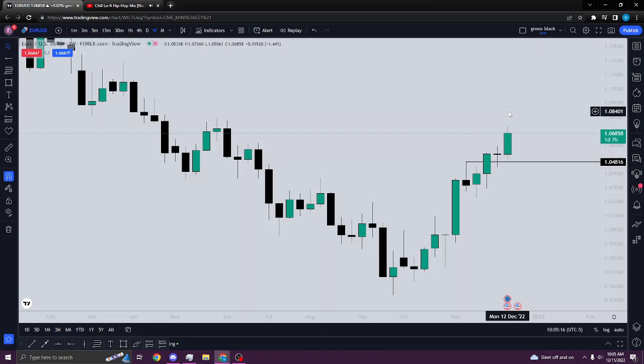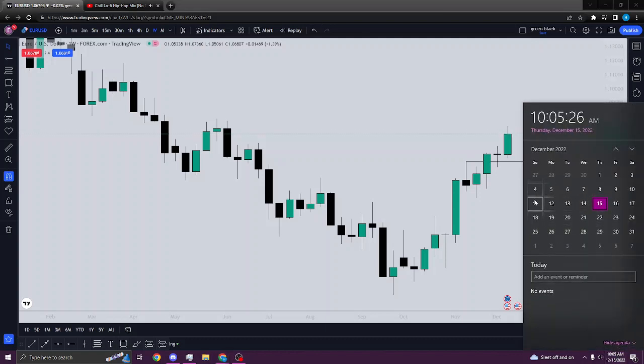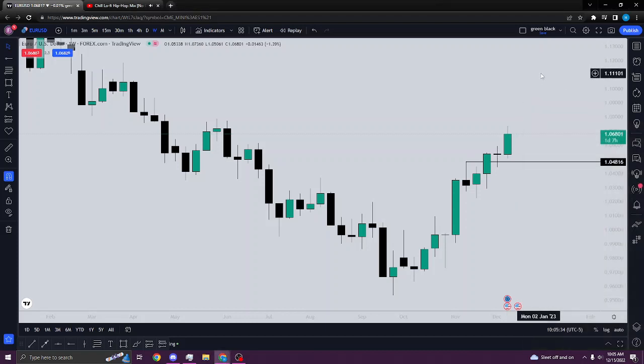So first, guys, you have to know where price is willing to go, or its most likely direction. And this week, the 12th to the 17th, I'm already thinking bullish pricing.